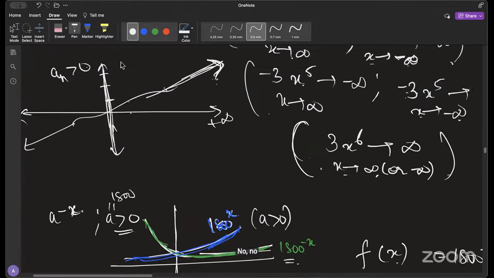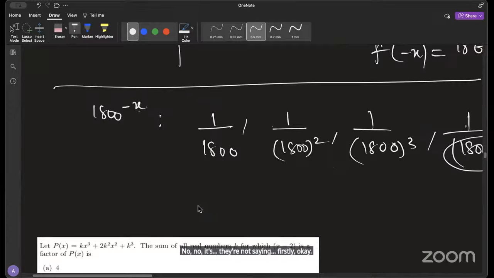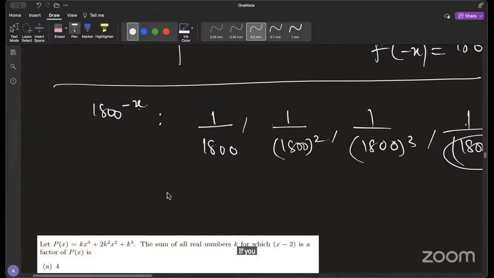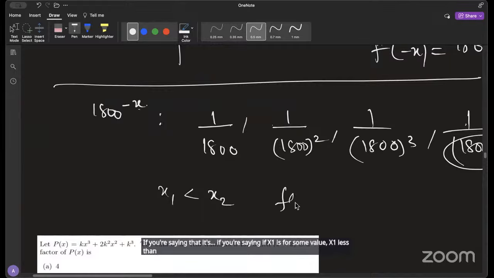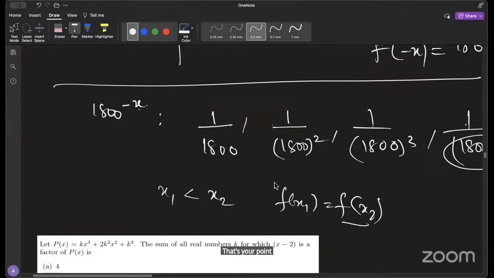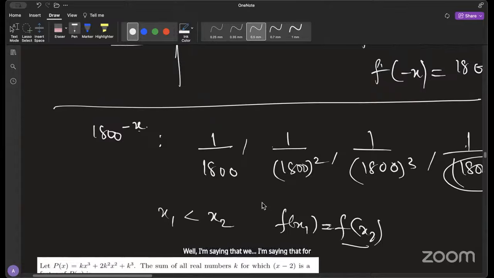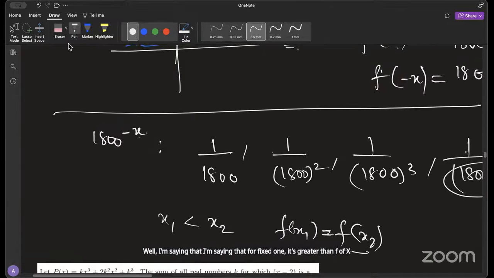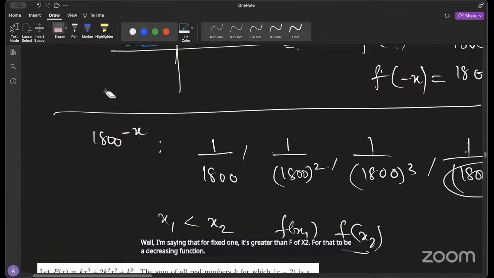No, they're not saying that. If for some x1 less than x2, f(x1) becomes equal to f(x2), that's your point, right? I'm saying that f of x1 is greater than f of x2 for that to be a decreasing function. No, it doesn't have to be.